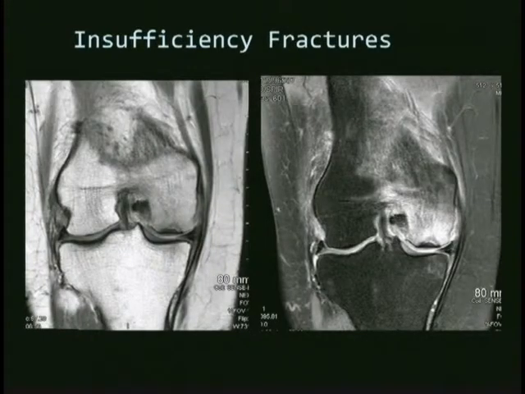On MRI, it will have that very characteristic appearance of a thickening of the subchondral bone plate, that linear pattern surrounded by a large amount of edema, more edema than would be expected, let's say, if the patient had osteoarthritis. So this is a pattern that we commonly see in middle-aged women, and look for the meniscal root tear at the posterior horn of the medial meniscus. They often have that in association.